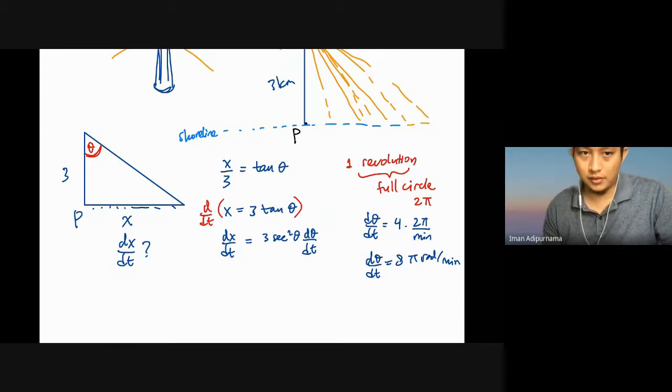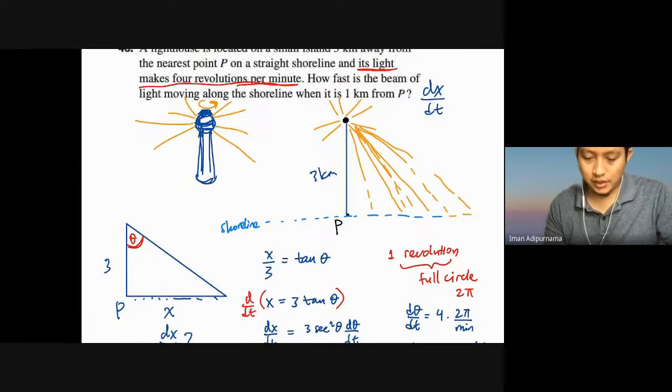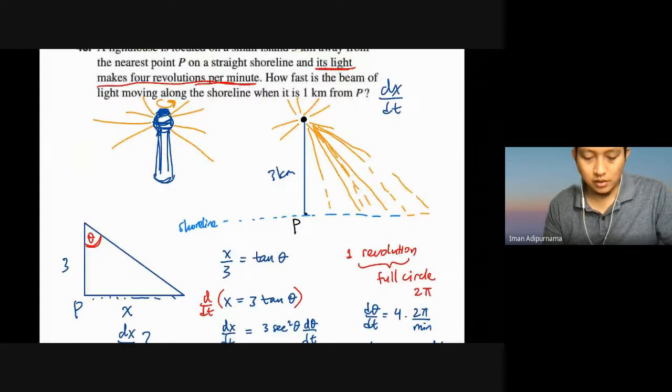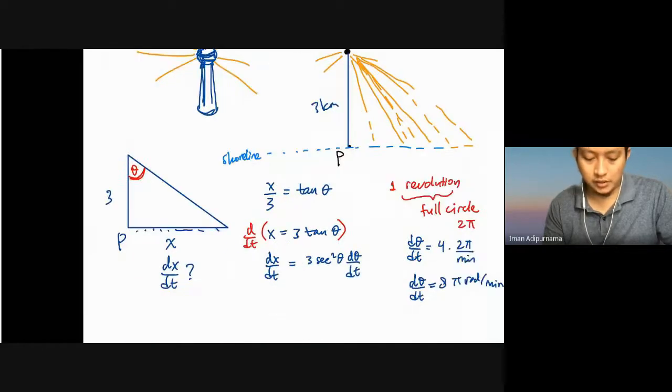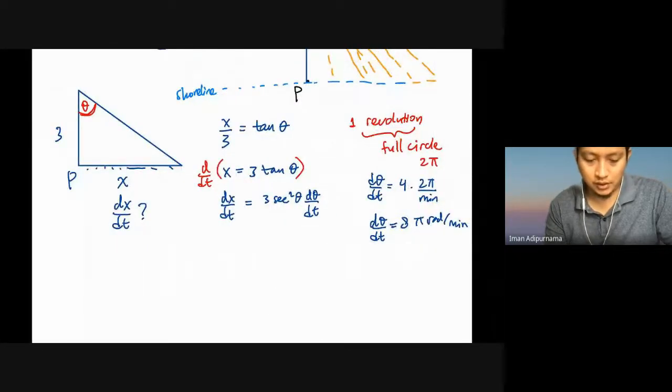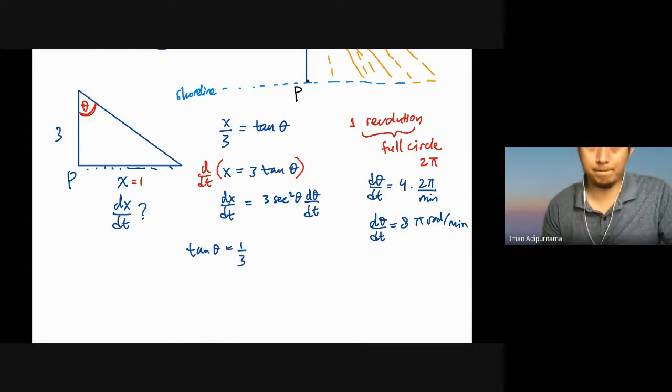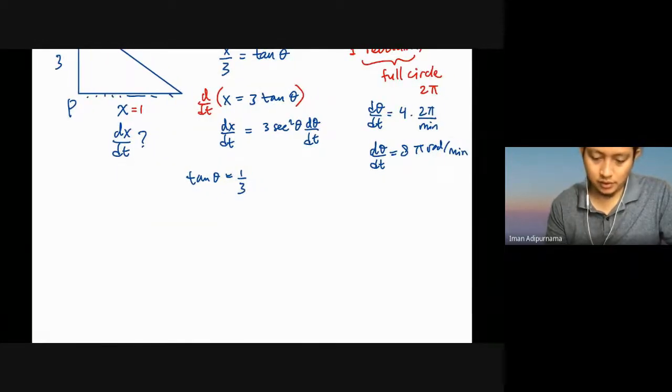Now the question is asking how fast the beam is moving along the shoreline when it is 1 kilometer from P. So at x equals 1, our tangent theta is 1 over 3. So what will happen with the secant? If you remember the trigonometry, I think this is also good for you.